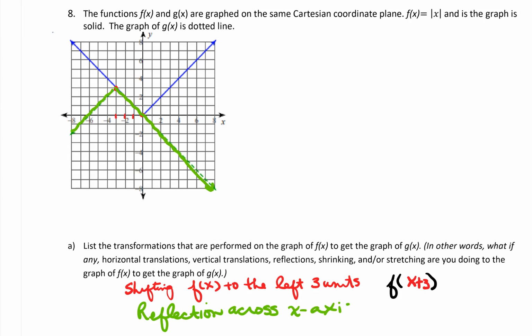And what that's going to do is put a negative in front of my f of x value. I'm just going to leave what I had before, f of x plus 3.